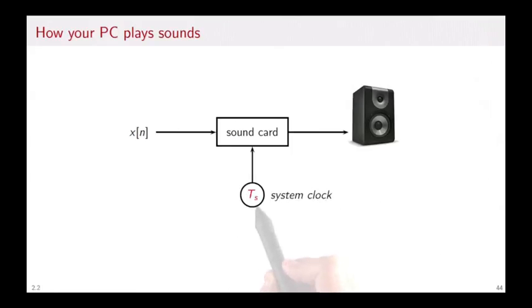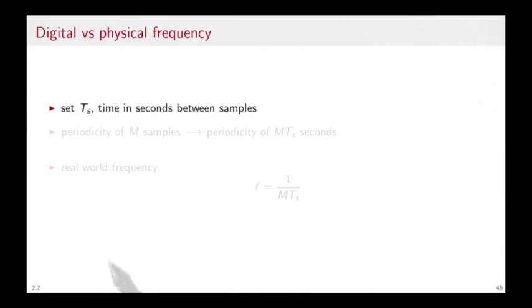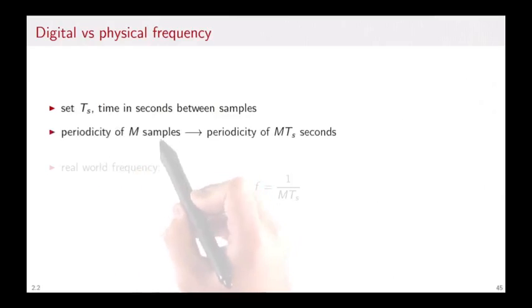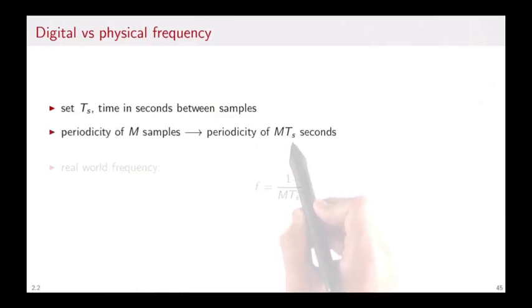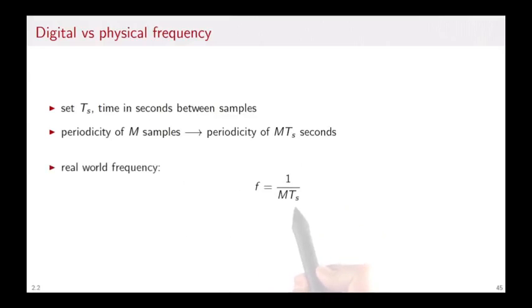So the sound card has a clock, Ts, and every Ts seconds it will generate a sample that will be interpolated and fed to the loudspeaker. We can set the time Ts between samples. So periodicity of M samples means a physical periodicity of M times Ts seconds. So the real world frequency is going to be f equal to 1 over M times Ts.